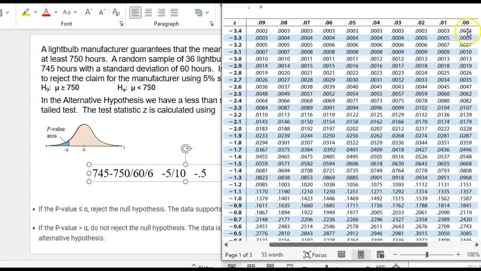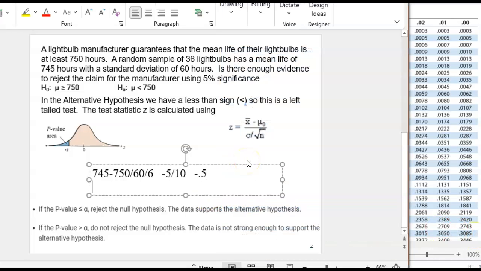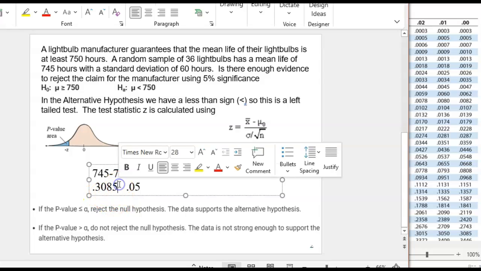So here's the 0. Here's negative 0.5. So our p-value is 0.3085, and we're going to compare that to our significance level, which is 5%, which is 0.05. And we can see that 0.3085 is greater than 0.05.